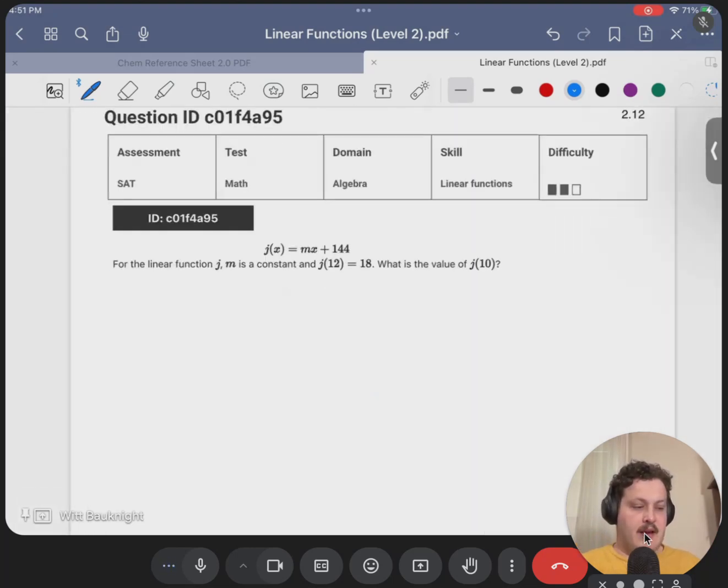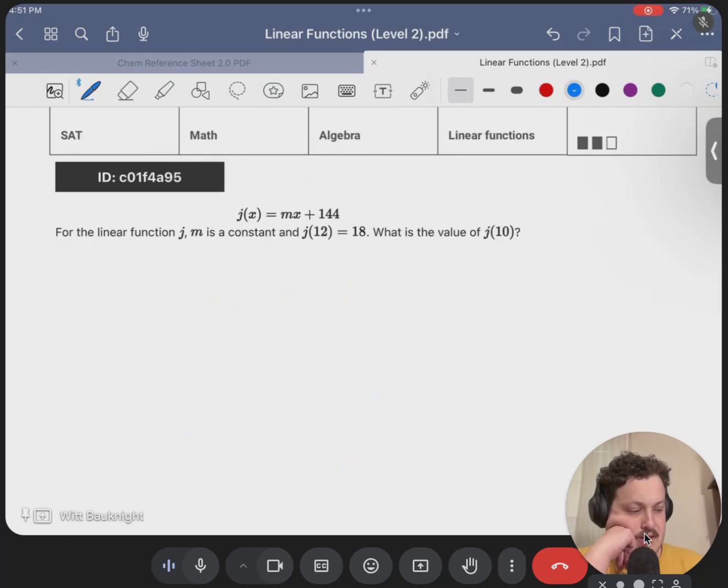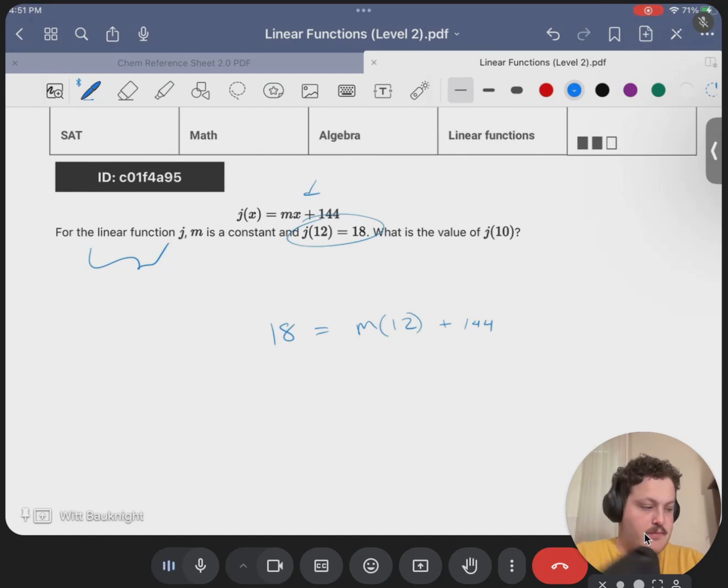All right. Got another linear function. We're going to use this to figure out the values. 18 equals m times 12 plus 144. So subtract 144 from both sides. 18 minus 144 divided by 12.